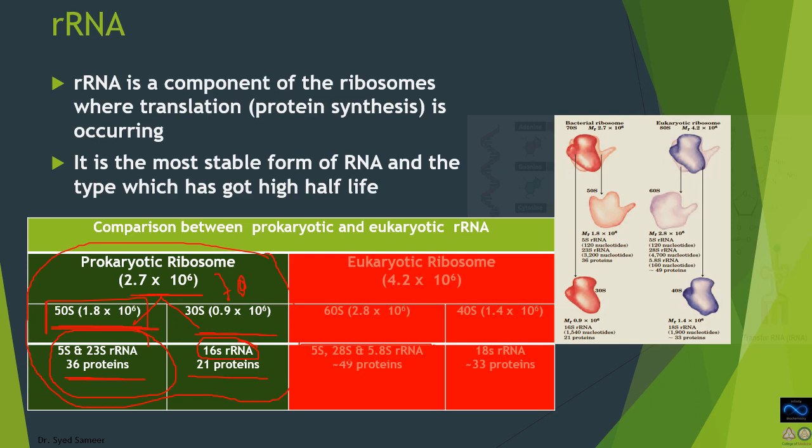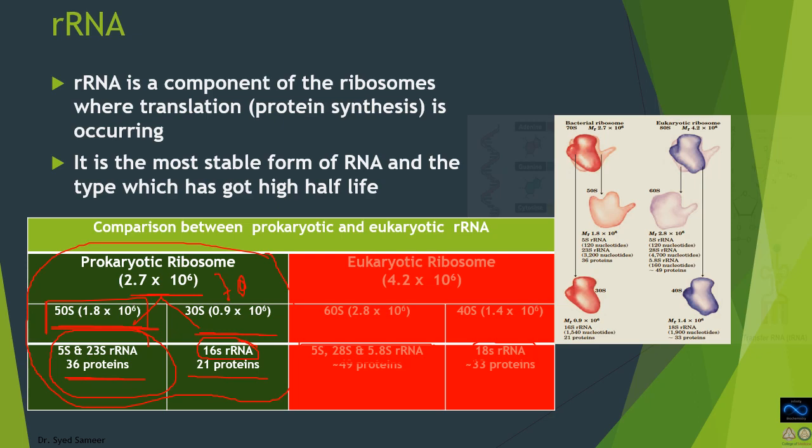The eukaryotic large subunit, which is 60S, contains three different types of rRNAs: 5S, 28S, and 5.8S rRNA, while the small subunit is made up of 18S RNA, together with 33 proteins, and the larger 60S contains 49 proteins.